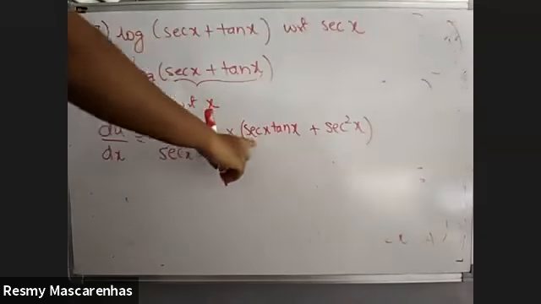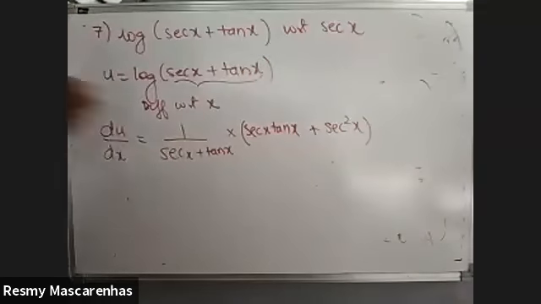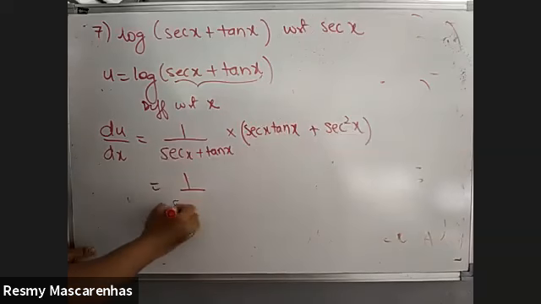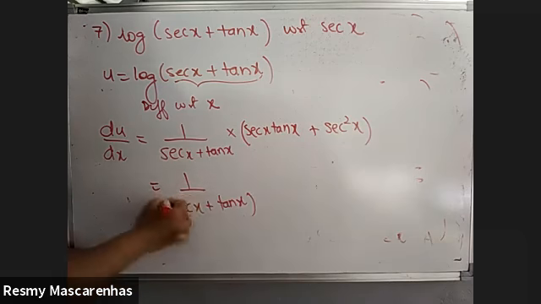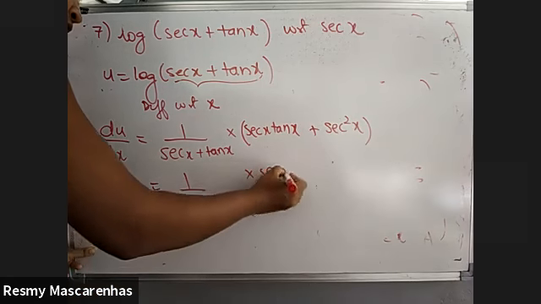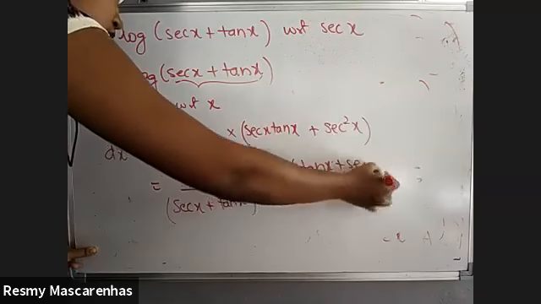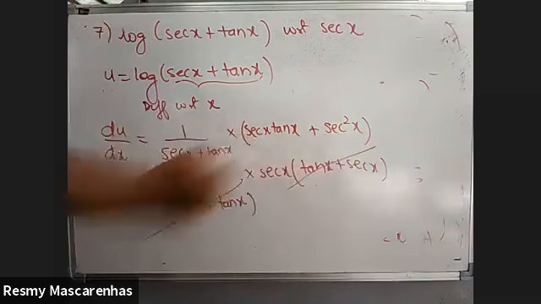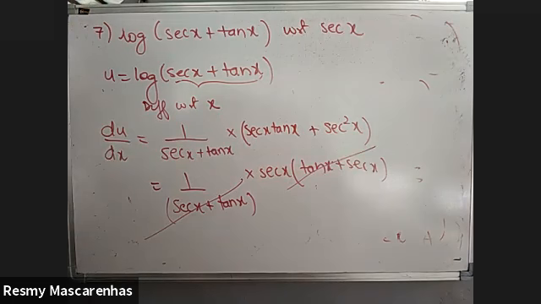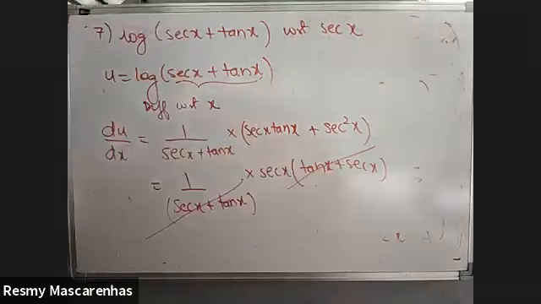Now this is simplification. In both the terms, in both the places, sec of x is common. You can take out sec of x common. So what will be left is tan x plus sec x, and if you notice, the denominator and numerator are the same, just reversed. a plus b will be same as b plus a.